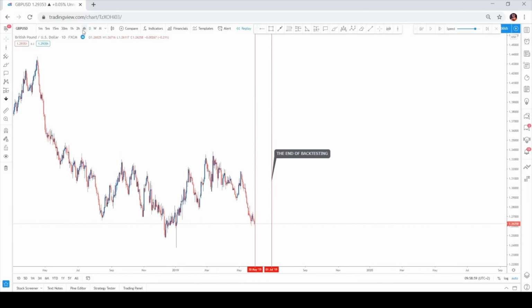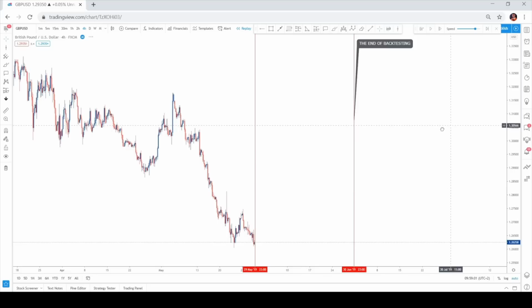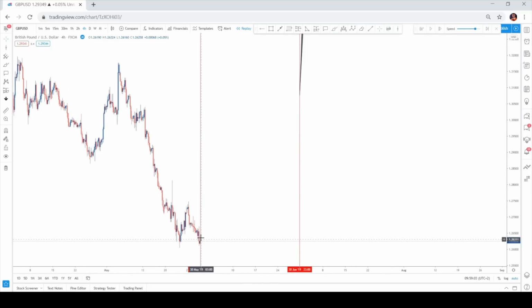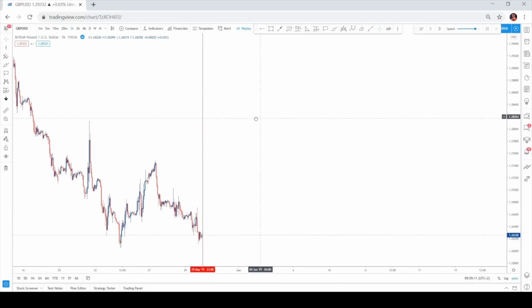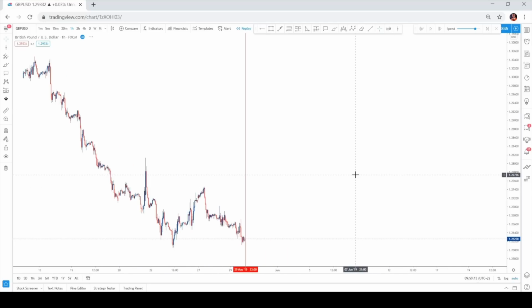So we're gonna drop it to a 4-hour time frame. If you drop it to a 4-hour time frame, you're gonna see the duration, the time difference that we're gonna be back testing, is from here up until this current level, right? And then this is what's gonna happen from 1 hour. That is when our back testing starts.